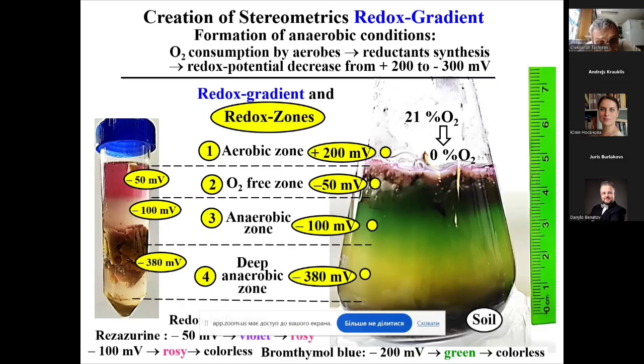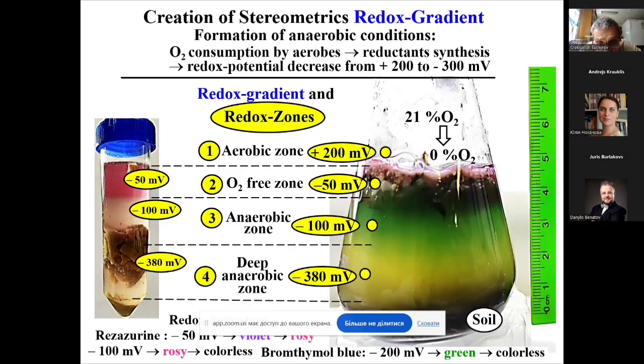As an indicator of changes in redox potential, we used resazurin sodium and bromothymol blue. The specific features of these indicators: at minus 50 millivolts, resazurin changes its color from violet to red. And then from minus 50 millivolts to minus 100 millivolts, it becomes colorless.